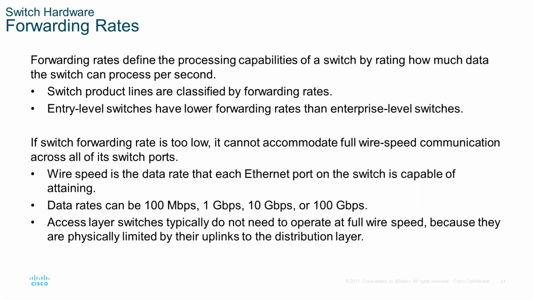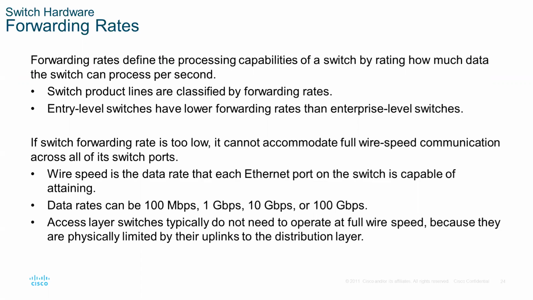This is the total rate of how much data a switch can process per second across all of its ports. If the rate's too low, we cannot maintain full wire speed communication, which is the benefit of having switches.